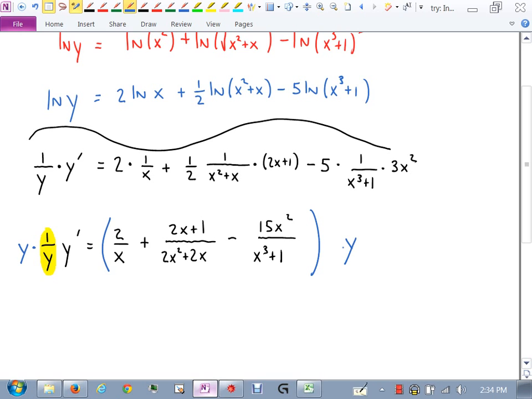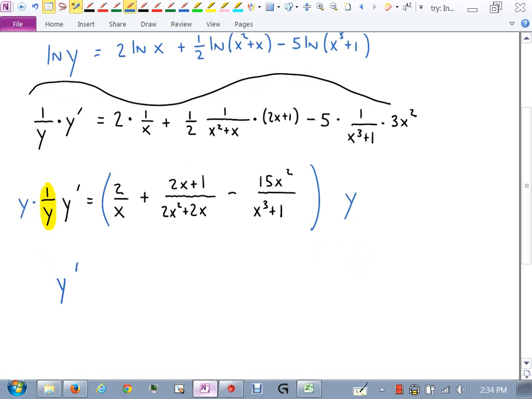So I get y prime equals 2 over x plus 2x plus 1 over 2x squared plus 2x minus 15x squared over x cubed plus 1, all times y. But what's y?